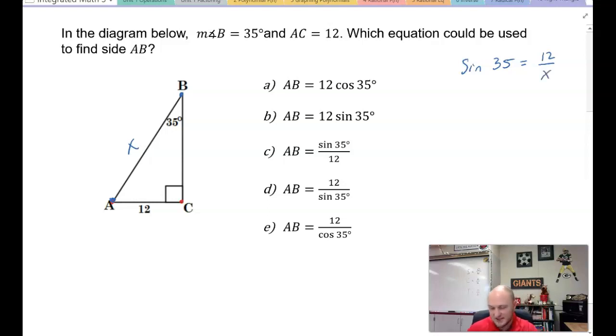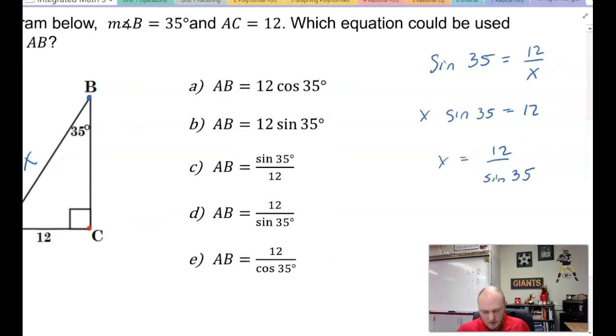Now notice that's not on there. I need to go ahead and shuffle this. So x times sine of 35 is equal to 12, and x is equal to 12 over sine of 35. Okay, there we go. All right, so it looks like D is our answer, D.